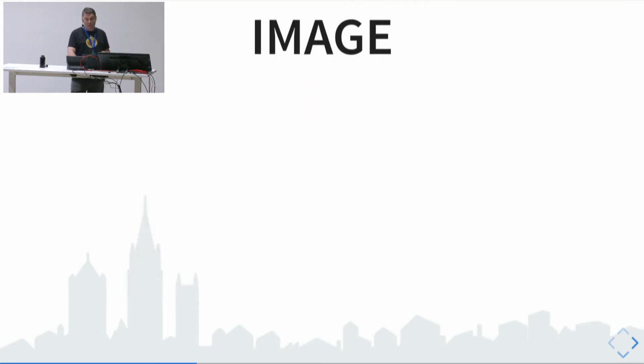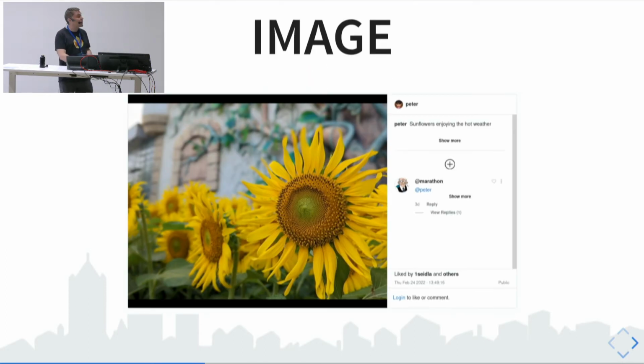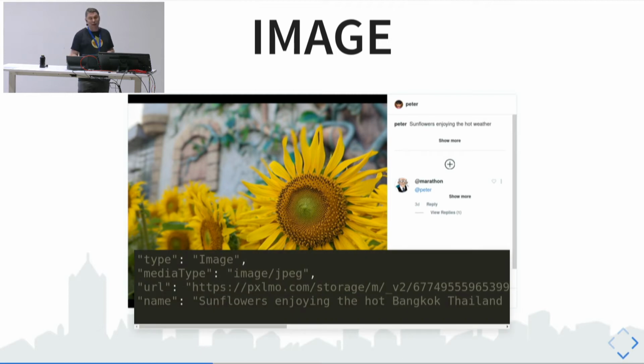And an image works in much the same way. You have an agreed way of marking up in JSON and sharing an image. This is output from Pixelfed, and there you go, it's a type image. It's really not very difficult, this. And a media type and a URL. It's starting to look kind of like the output from a media entity, to be honest.